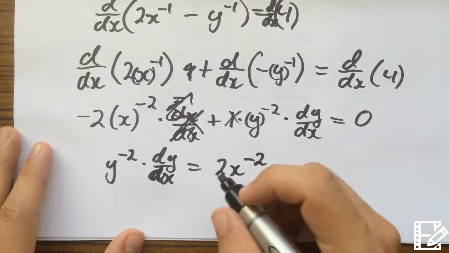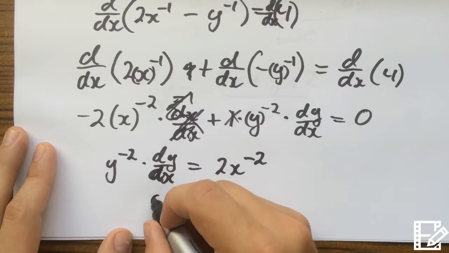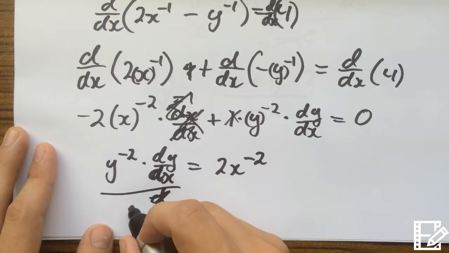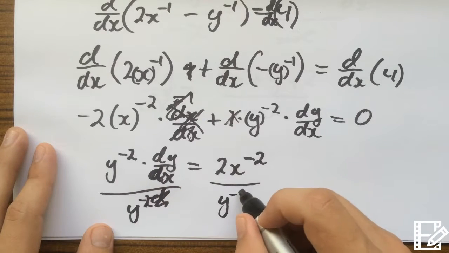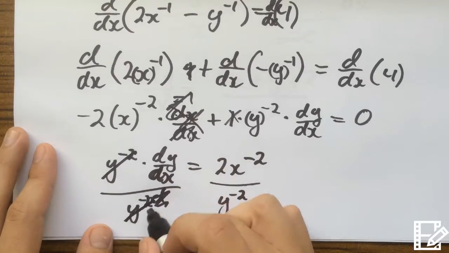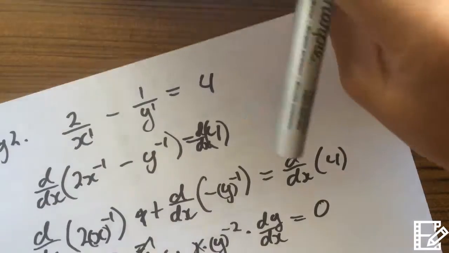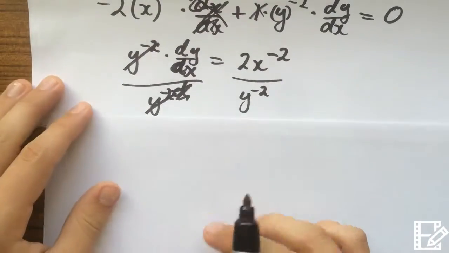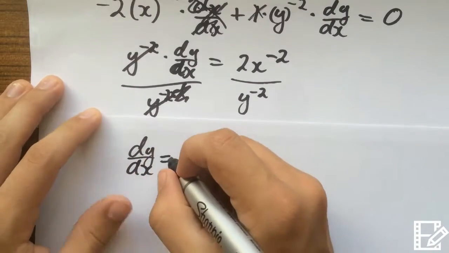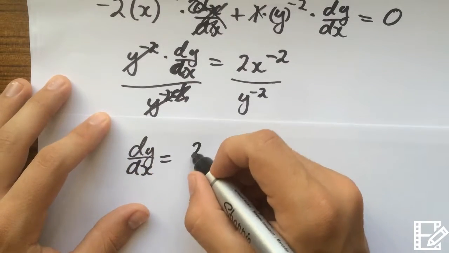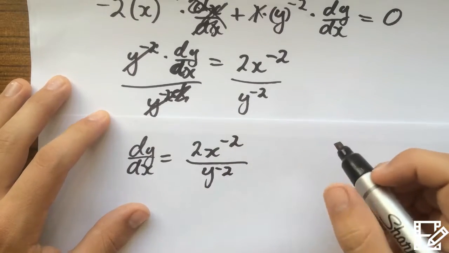Now, the next step, we're going to divide both sides by y to the power of negative 2. And what that'll do is cancel out these. What we're left with is the derivative on its own equals 2x to the power of negative 2 on y to the power of negative 2.